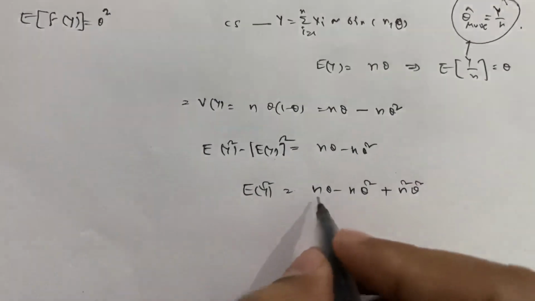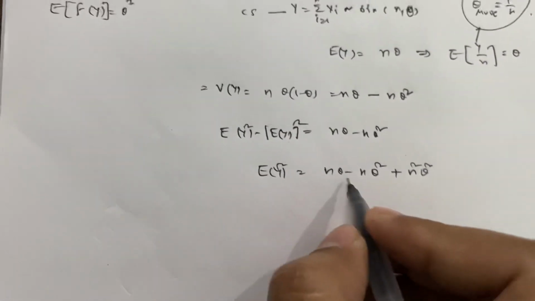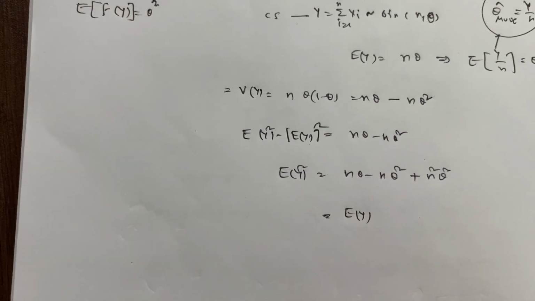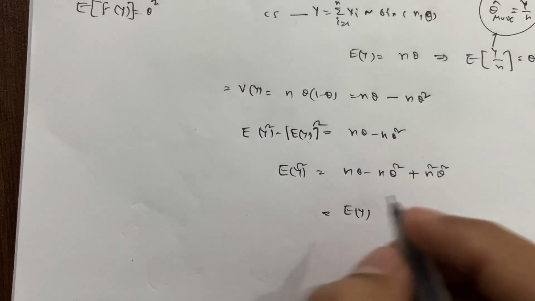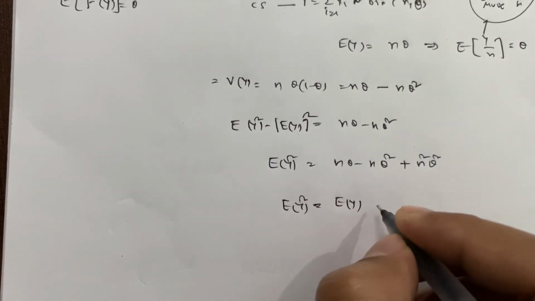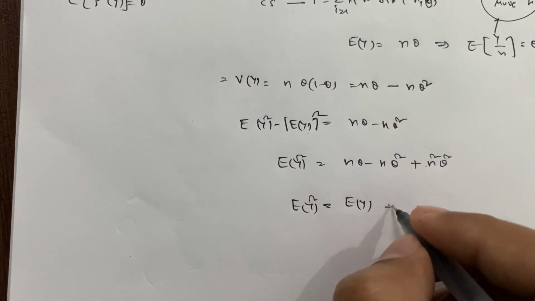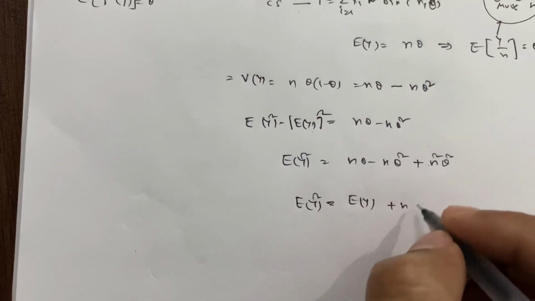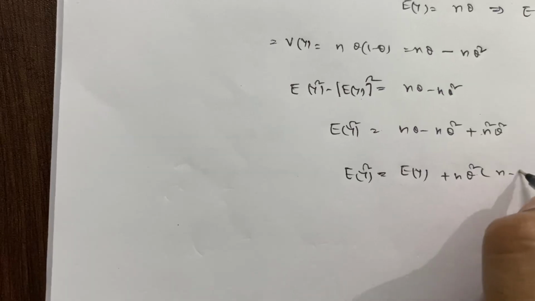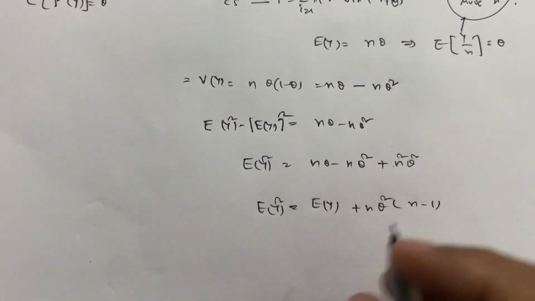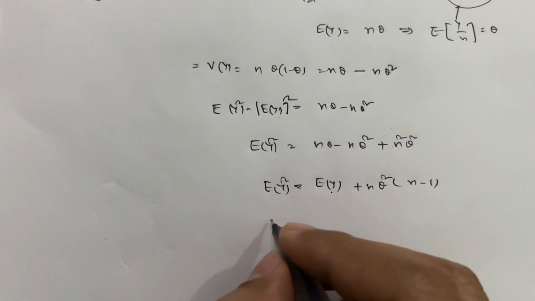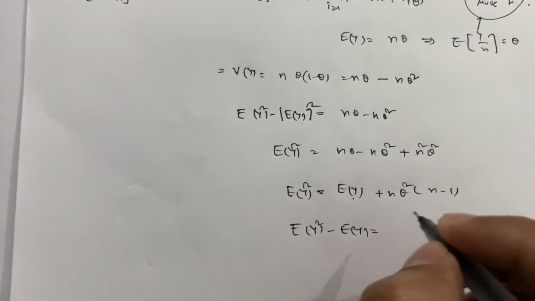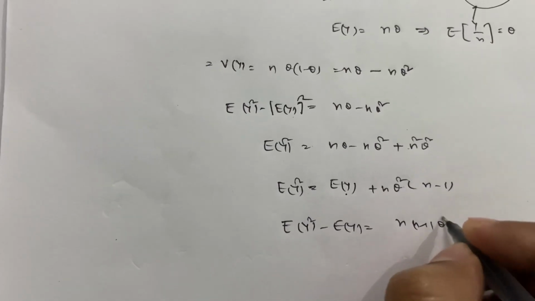Okay, so we need to remove this theta. So how do we remove this? Write it like this, because expectation of Y is equal to n theta. Now we have common n square here. If we take common n theta square here, we will be left with n minus 1 here. Now take it to the left hand side, so we will have Y square minus expectation of Y is equal to n into n minus 1 theta square.